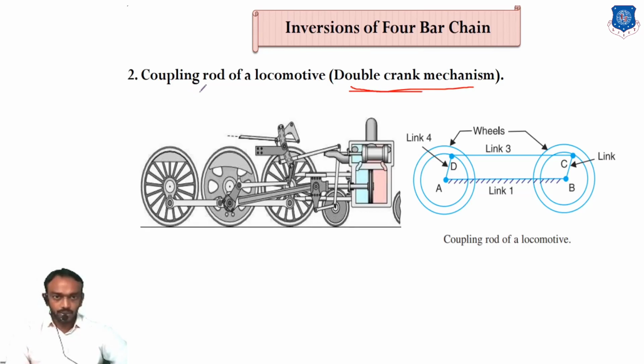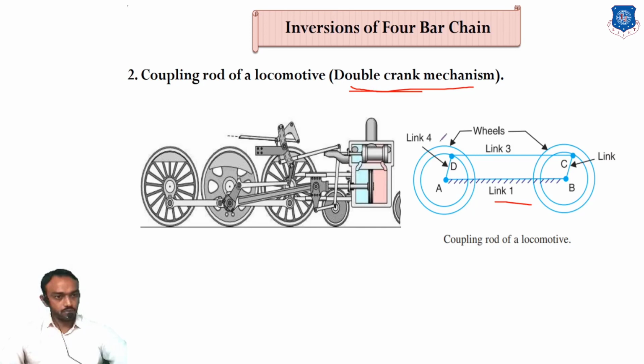Second is the coupling rod, also known as the double crank. You can see this has 4 links: link number 1, link number 2 here, link number 3 here, and link number 4. In this mechanism, link number 4 and link number 2 both are rotating.